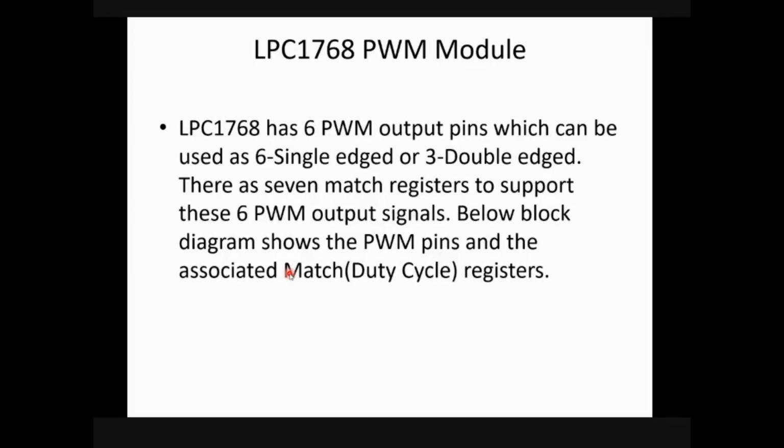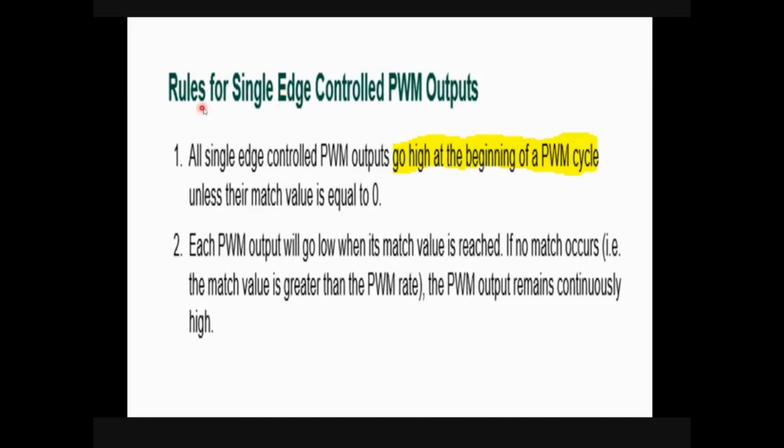Now, the block diagram of PWM pins will be associated with the duty cycles of the registers. For a single-edge controlled PWM output, all single-edge controlled PWM outputs will go high at the beginning of the PWM cycle unless their match value is equal to 0.